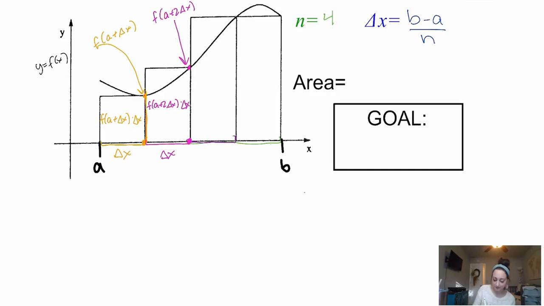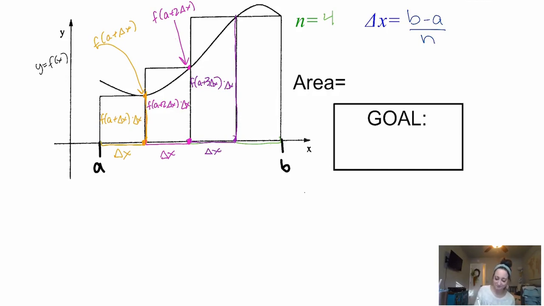So here's another delta x, change in x. So now this x value is a plus how many delta x's? Plus 3. So the height is going to be f of a plus 3 delta x. So that will be the height there, right? And then the base is going to be still delta x. Okay?